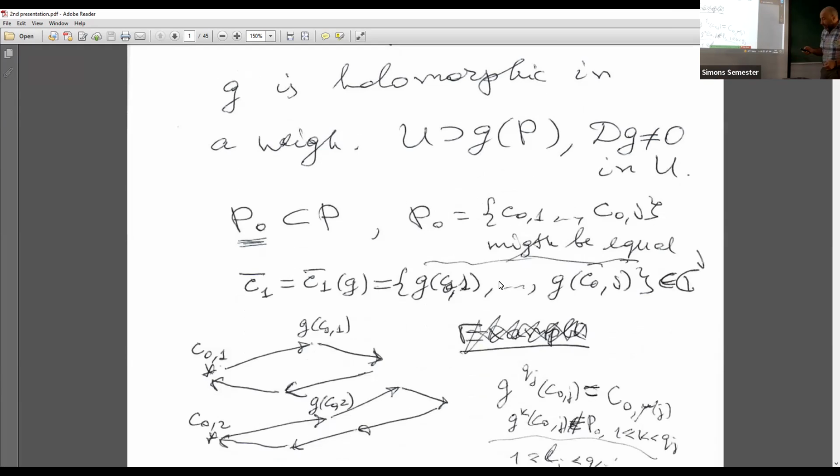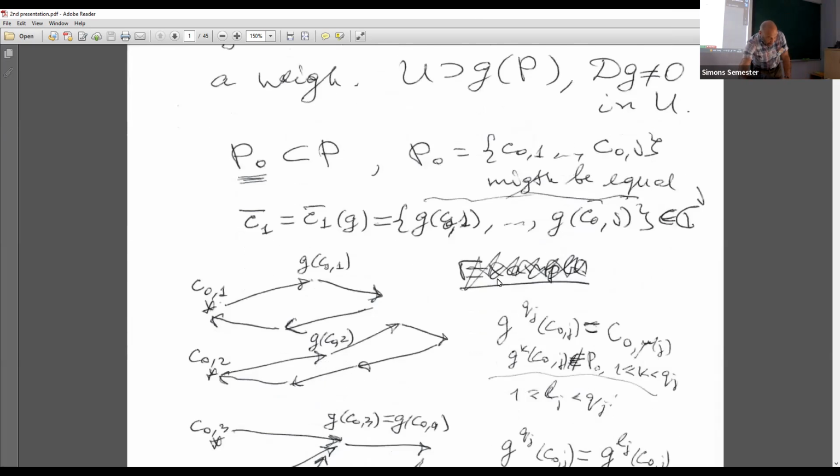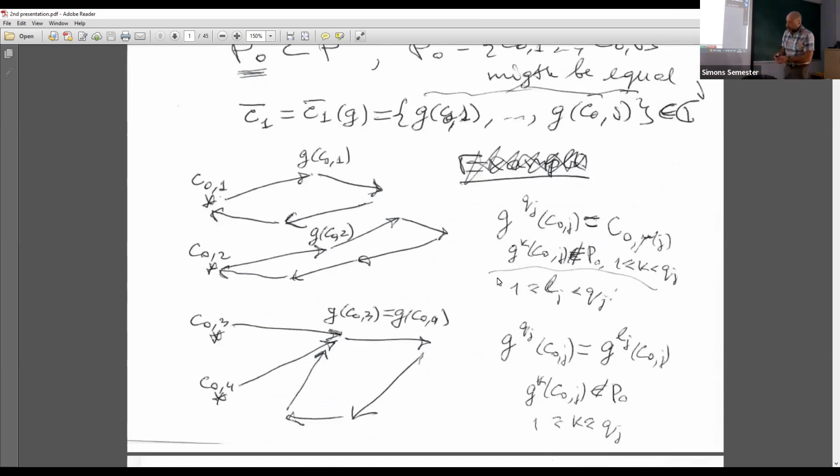Okay, and there are two possibilities: whether we start with a critical point and it hits after some iterate another critical point, or maybe itself, but in general another, and another complementary possibility that we start with a critical point, and it comes back to some point of the same orbit, which is not critical. So it's a kind of periodic situation.